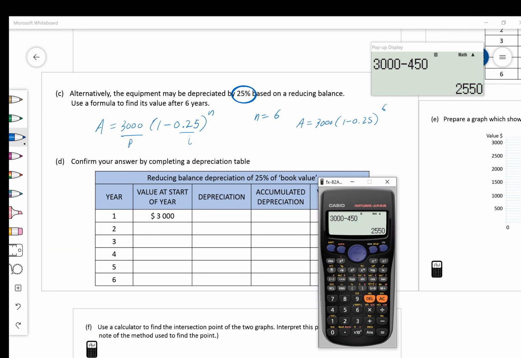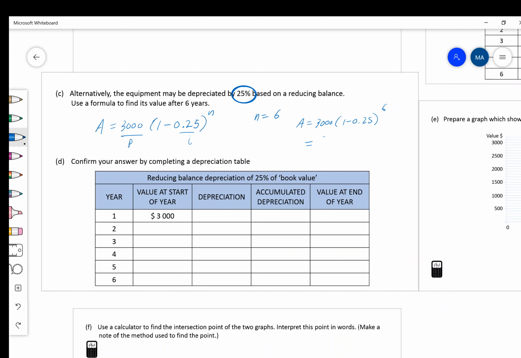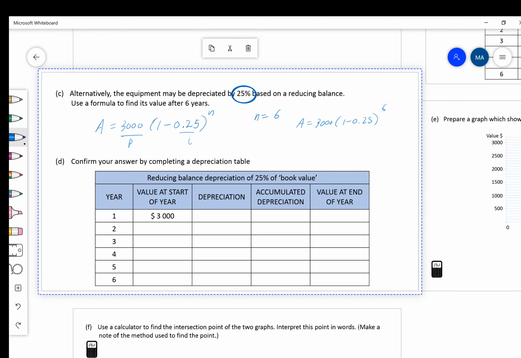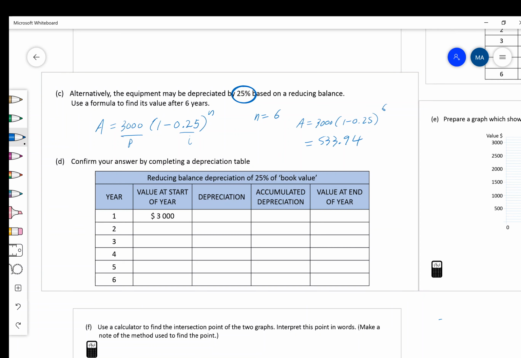And that works out to be $533.94. Okay, that is the value of the equipment after 6 years.